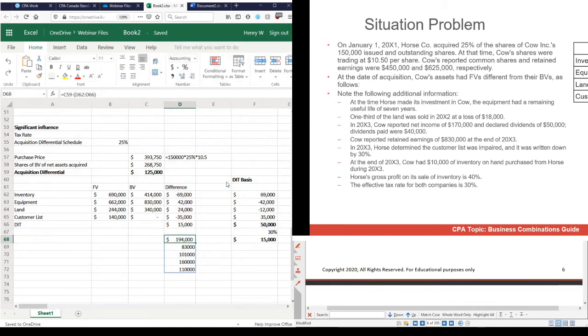Why did it do that? Okay, so here's the revised goodwill.